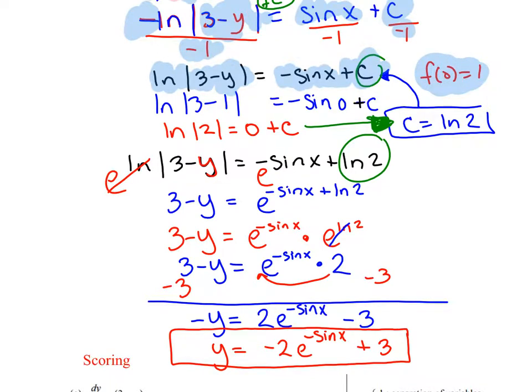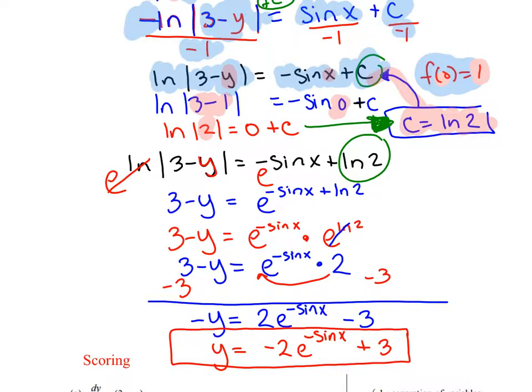Where we see an x, we're going to plug in 0, and wherever we see a y, we plug in 1. So that's what we got. 3 minus 1 is 2. Natural log of 2 equals sine of 0, which is 0. So c becomes natural log of 2. Plug that bad boy back in here.